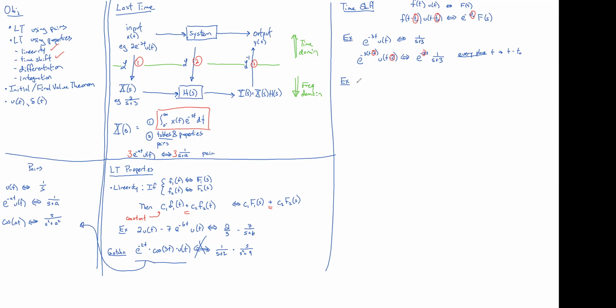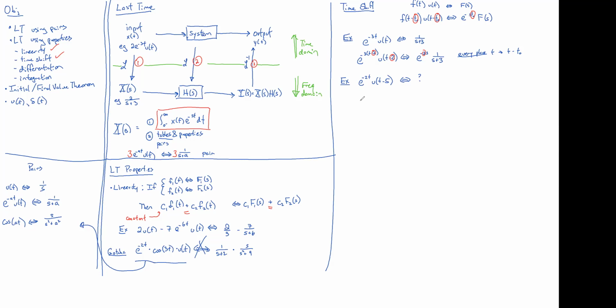So let me give a harder problem where they're shifted by different amounts. Here we've got an e to the minus 2t u of t minus 5. Now, what does that transform into? So we don't know.